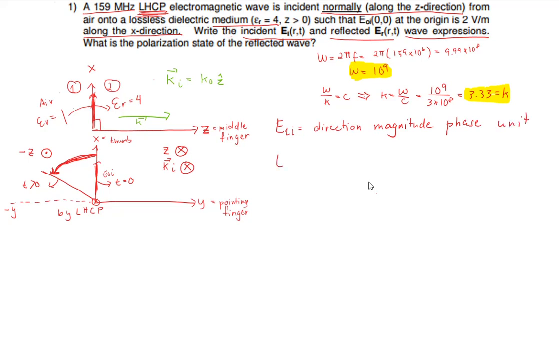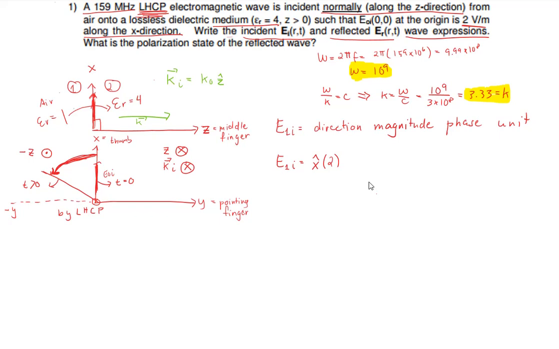For E sub I, we know that initially it's right along the x-axis, so that's just x hat. The magnitude is given to us by this, so that's just going to be 2.